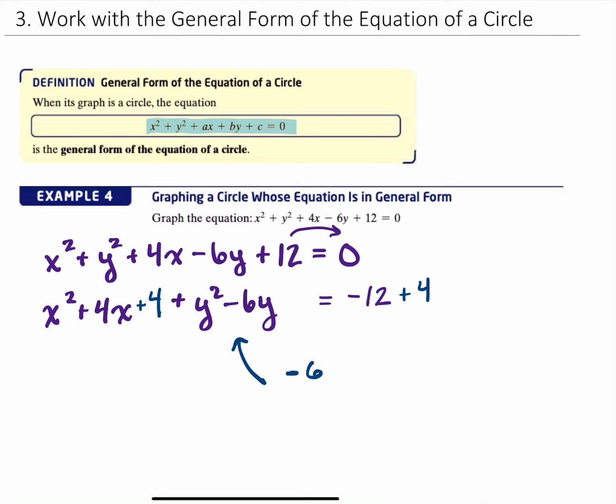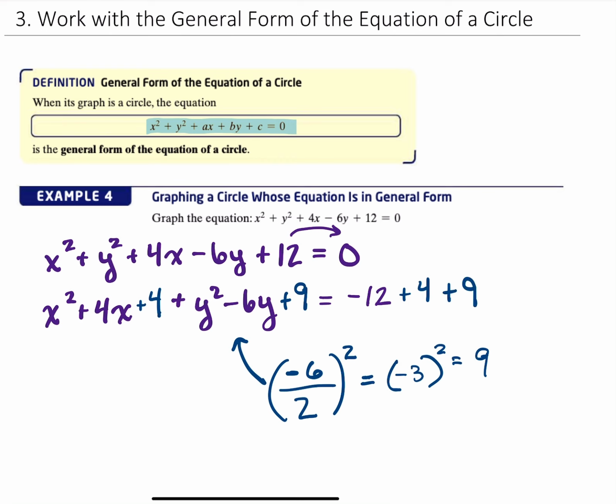You want to use the negative as well. If there's a minus, you bring that with you as a negative. So take this number, divide it by 2, and then square it. -6 divided by 2 is -3. -3 squared is +9. So that's the number I want to add over here. And then again, you have to add it also to the other side of the equation.